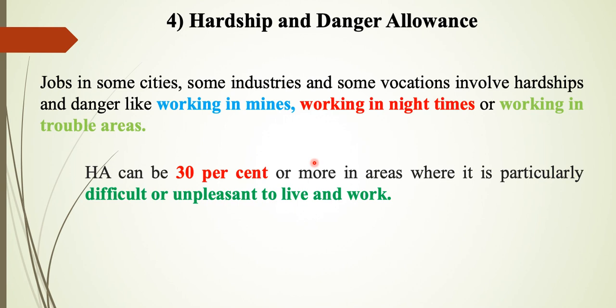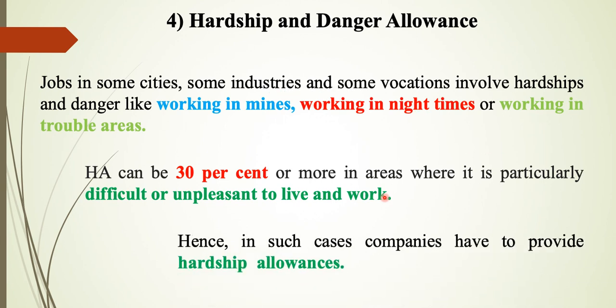Fine. Hardship allowance can be 30% or more in areas where it is particularly difficult or unpleasant to live and work. So 30% of basic pay can be paid to employees working in difficult or unpleasant areas. In such cases, companies have to provide hardship allowances.